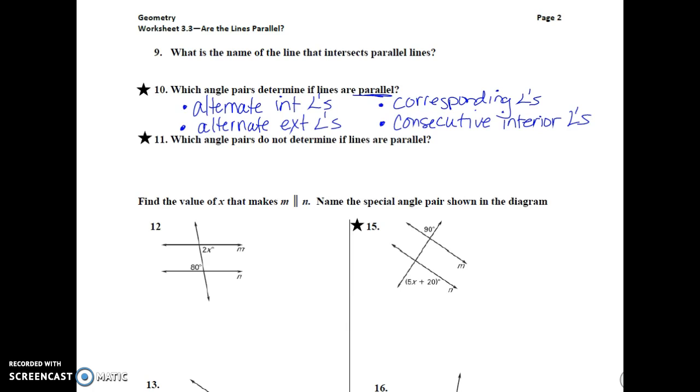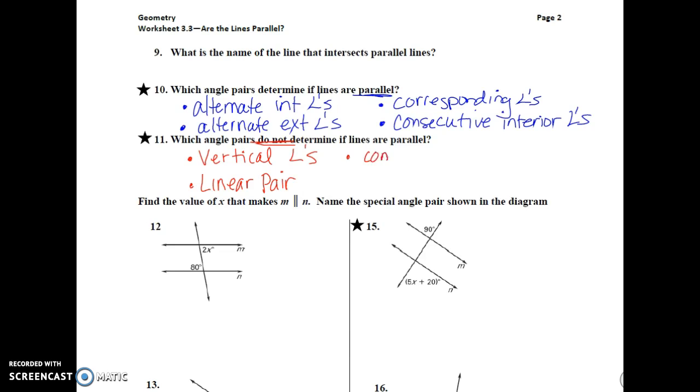Question number 11 asks us, which angle pairs do not determine if lines are parallel? And that goes back even to chapter 1 information. If we have vertical angles, that does not make lines parallel. If we have a linear pair, that does not make lines parallel.